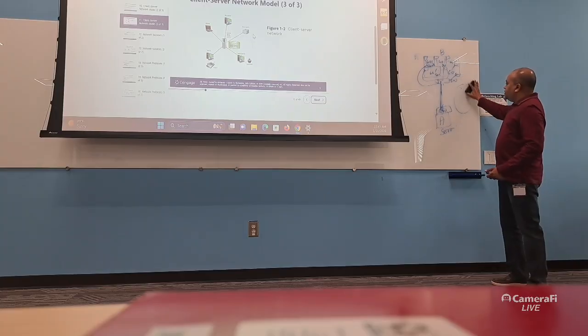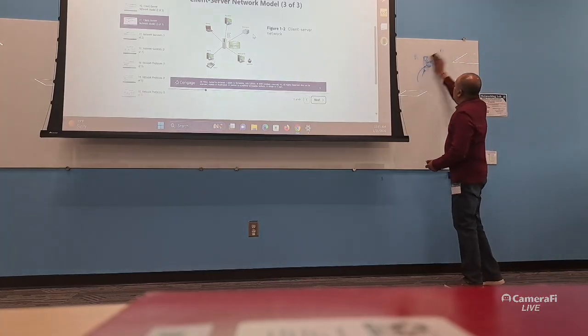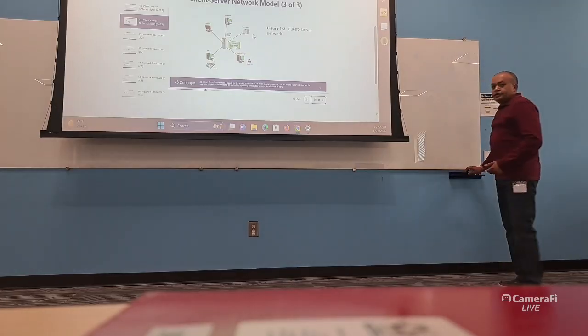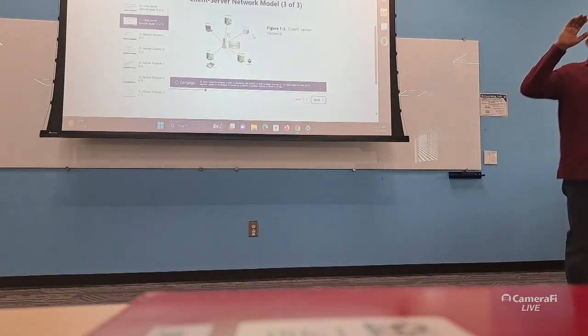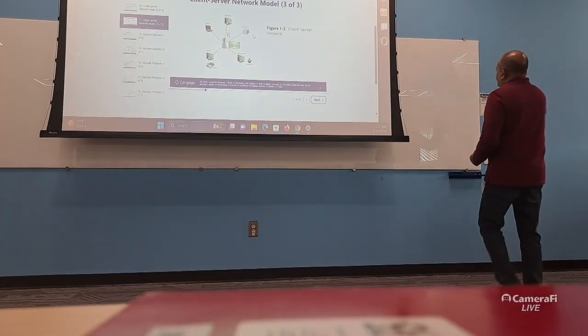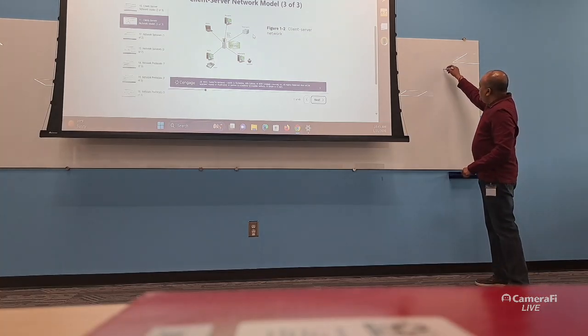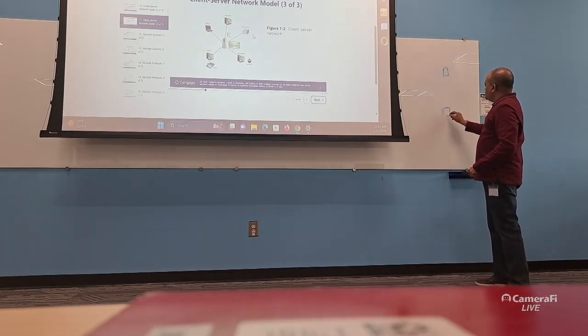But just keep in mind how these devices are connected to each other. They are not directly connected. Okay, so let's say in this room itself, there are two computers, and this is the switch.